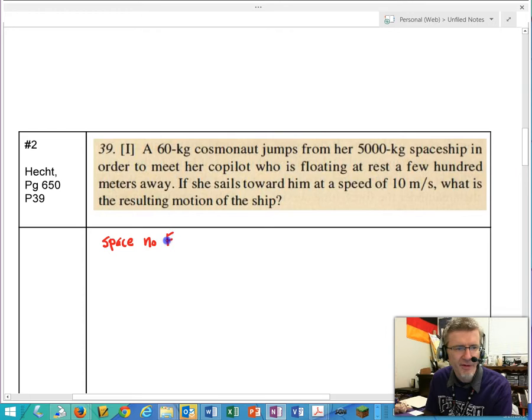So if there are no external forces on the system, and let's say the system is spaceship, cosmonaut, and other cosmonaut. This is our system.